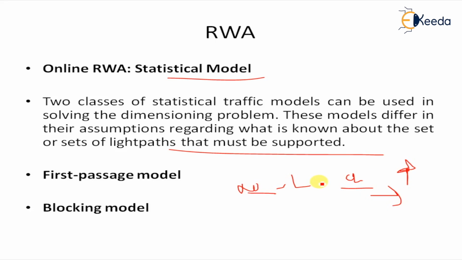Second is the blocking model. In this model, the light path requests are treated in the same way as telephone calls in a telephone network.